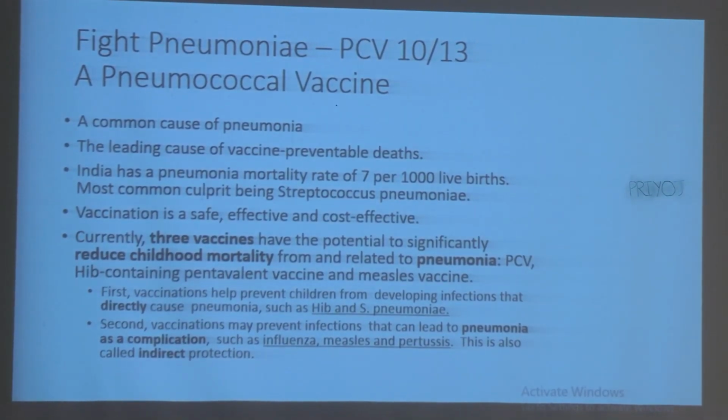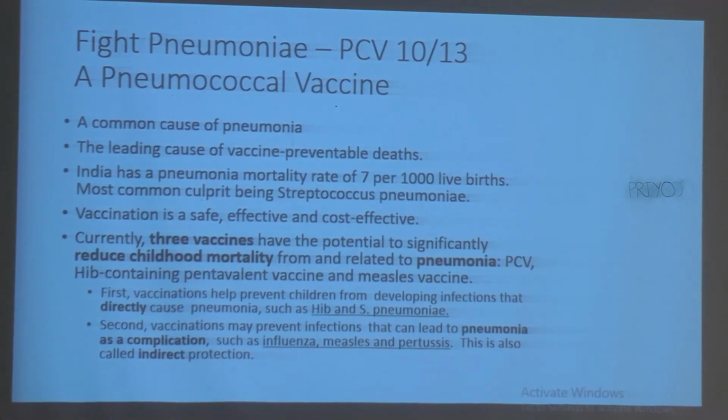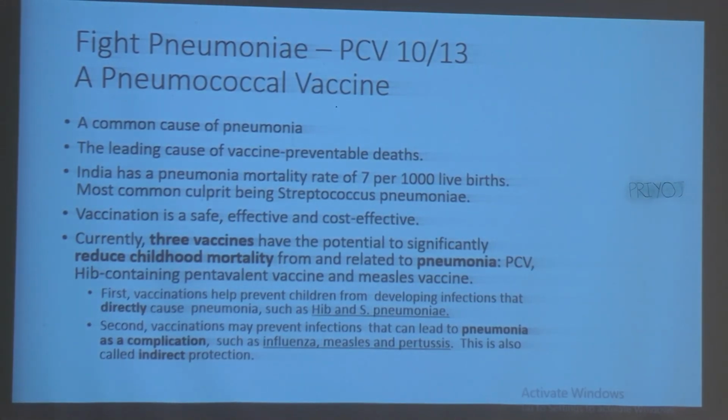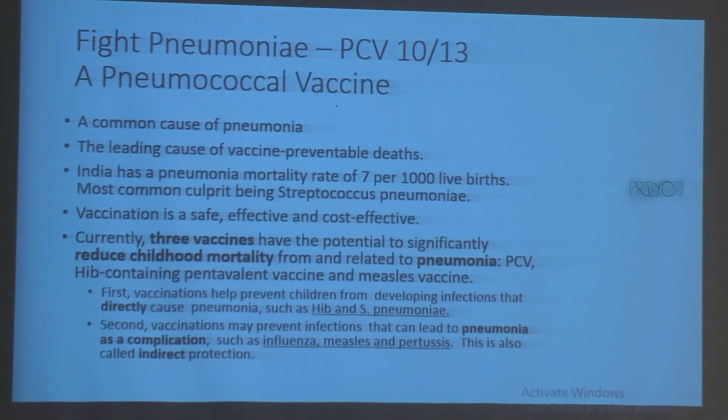I already told you that before 2018, the main cause of neonatal and infant mortality was pneumonia or respiratory problems. So after introducing PCV and one national program, I told the name in the last class. Anyone?